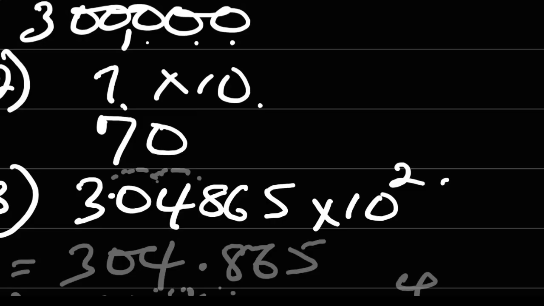This power 2 is telling us that the decimal will move 2 times. The decimal will move 2 times this way. We're going this way. So our answer will be 304.865.